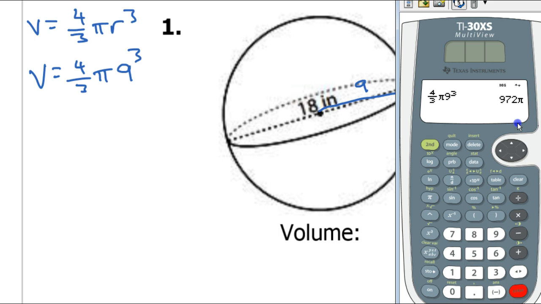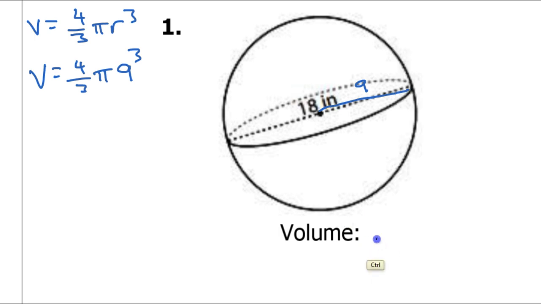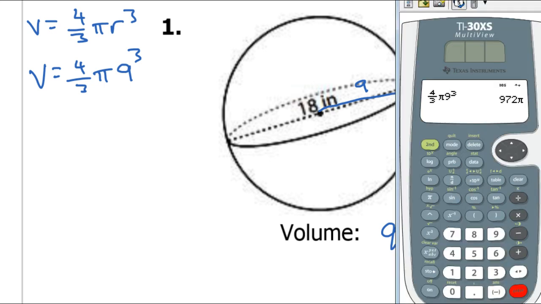All right, so the exact answer is 972 pi cubic inches. If I need the decimal approximation, that's going to be 3053.63.